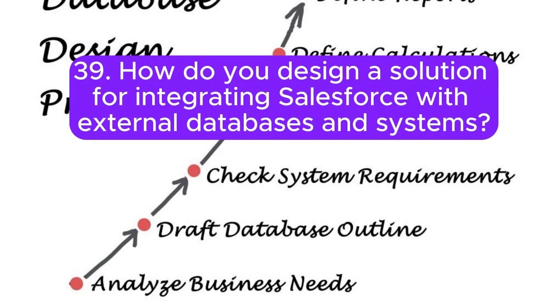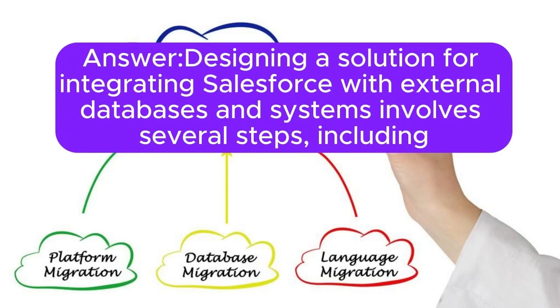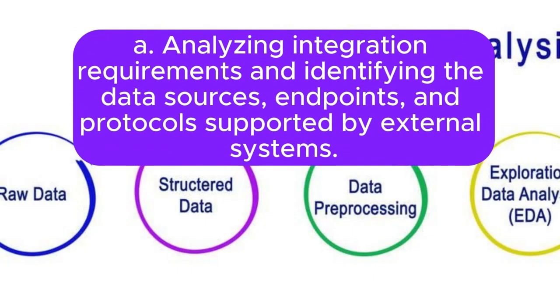39. How do you design a solution for integrating Salesforce with external databases and systems? Answer: Designing a solution for integrating Salesforce with external databases and systems involves several steps, including: A. Analyzing integration requirements and identifying the data sources, endpoints, and protocols supported by external systems.